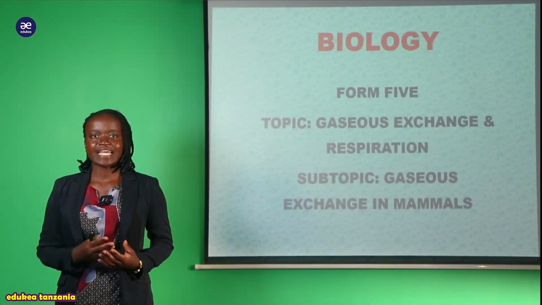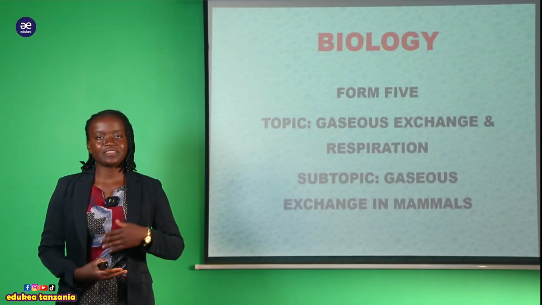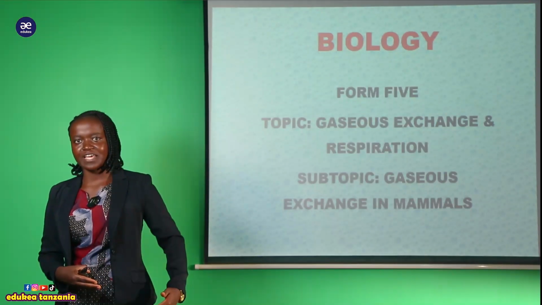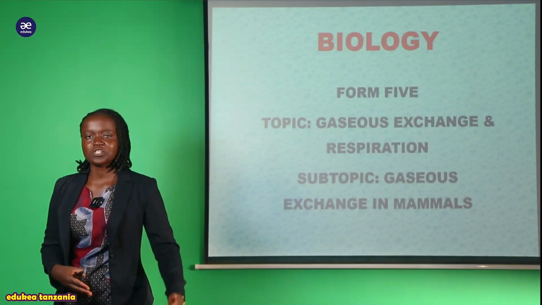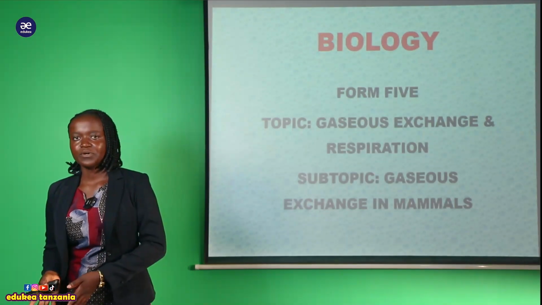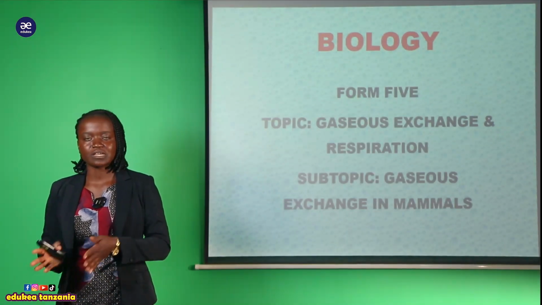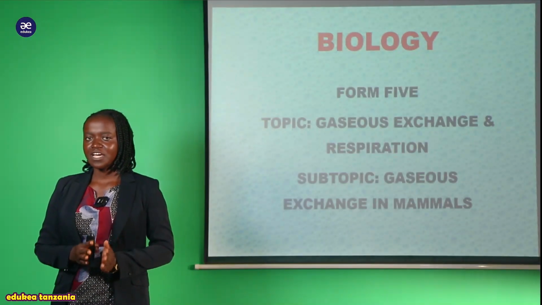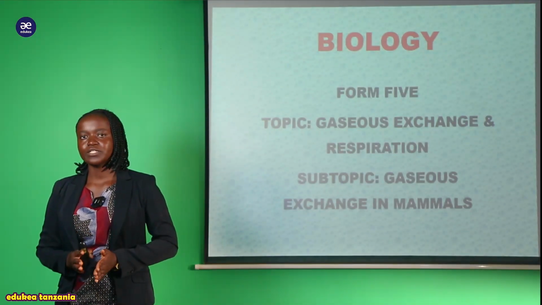All of them are vertebrates. How oxygen and carbon dioxide are transported from the respiratory surface to the body tissue, or from the body tissue to the surrounding environment, is what we are going to learn now.